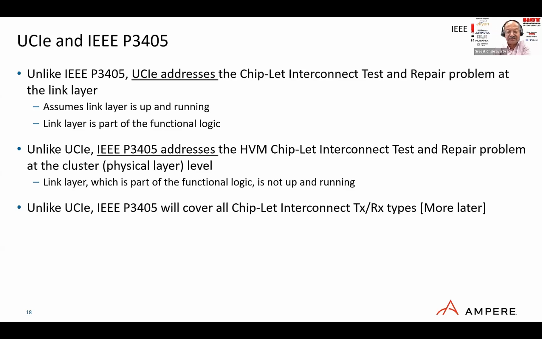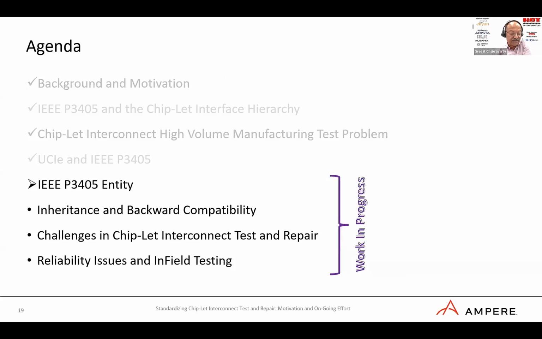UCIe has some limitations, not that it cannot be changed, so future versions might modify it. But we don't want to distinguish between that; we want to emphasize the point that we are trying to cover all products that use all different packaging types. And if time permits, I will talk a little more about that later on.